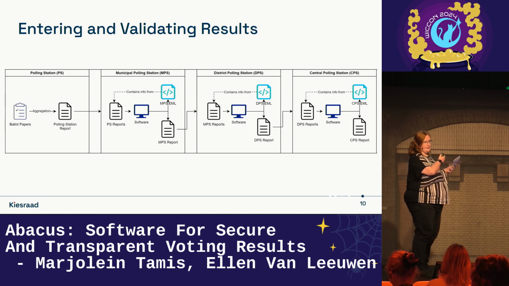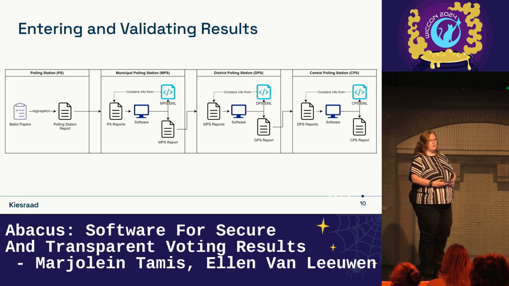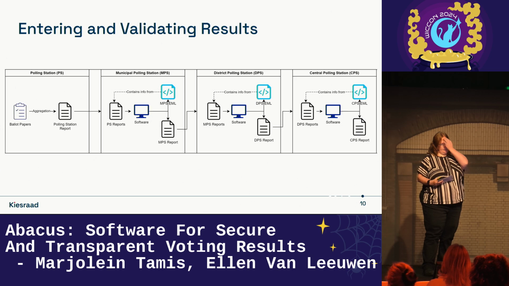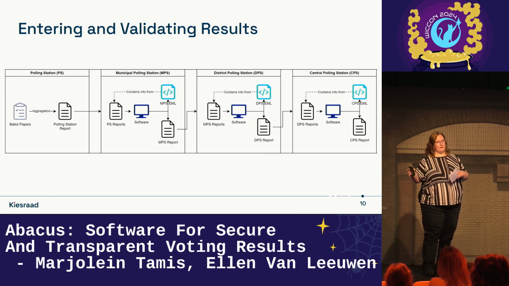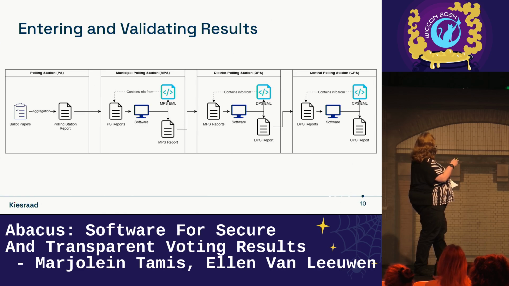And if there are errors that really need solving, then that's going to be done first. If everything's okay, it leads to a municipal polling station report and an EML file. And EML is something I have to explain. EML stands for Election Markup Language, and EML-NL is a specific format of that language, and it has been adjusted for Dutch elections.